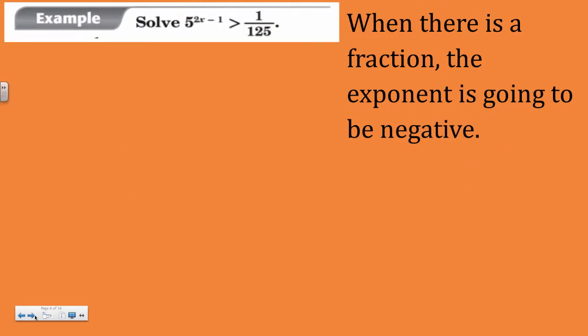The trouble comes when we get something like this. The first thing you notice is that 5 is the base here, and I can rewrite 125 as 5 to the third. So I can rewrite this as 5 to the 2x minus 1 is less than 1 over 5 to the third.